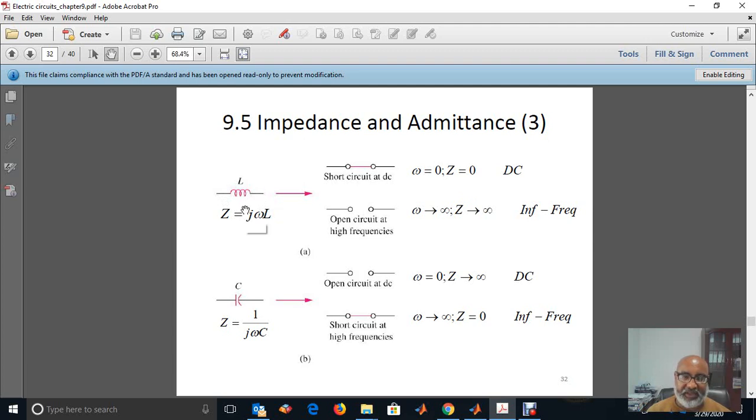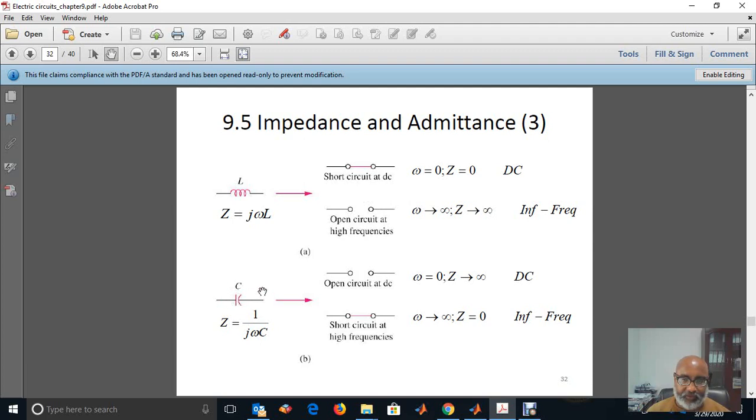Remember when we studied in chapter 7 and chapter 8, we said an inductor is a short circuit for DC. That's why here also when omega is 0, Z is equal to 0. When omega is increasing, or when the frequency is increasing, and in the limit when it goes to infinity, Z is equal to infinity. It will become an open circuit.